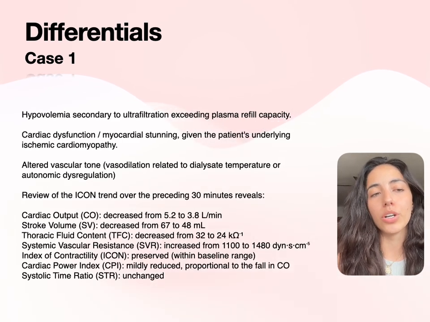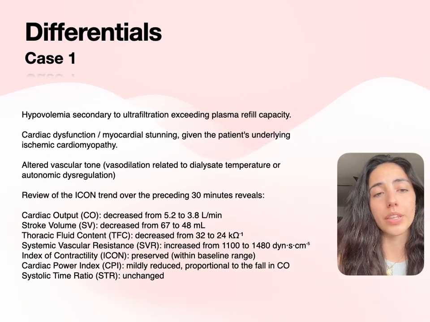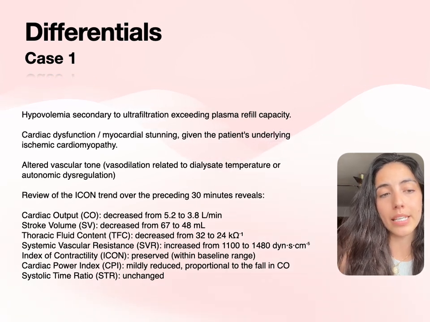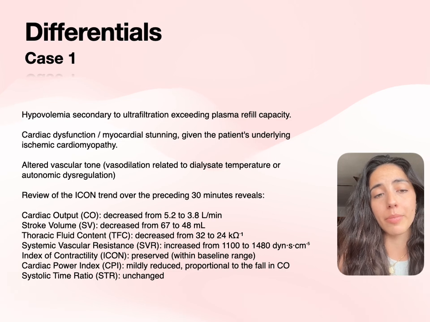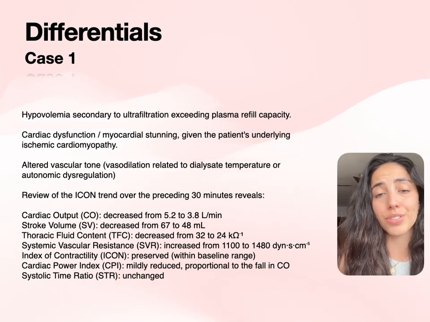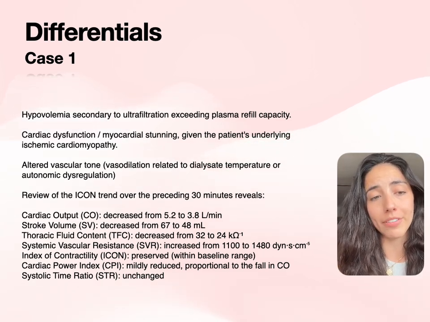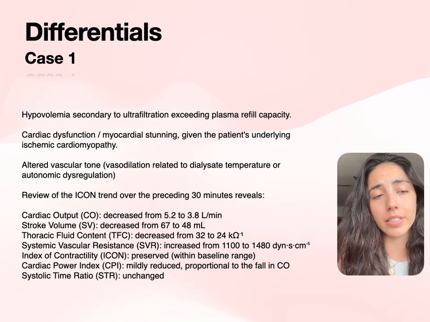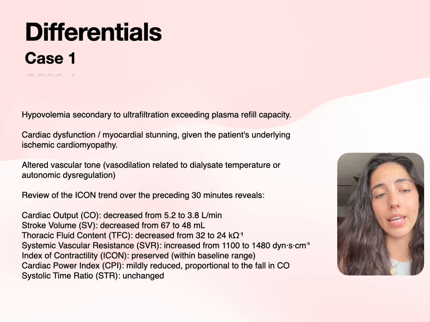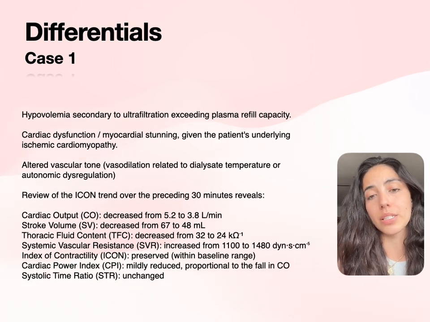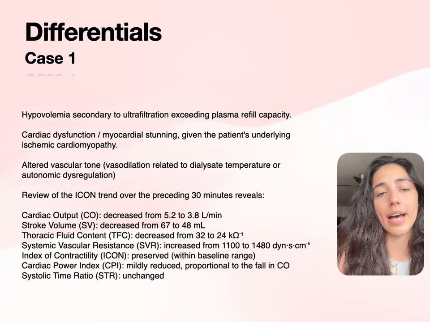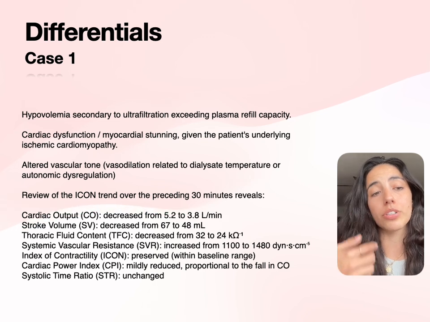We're going to probably go in this specific case with the first option because, as we can see, the cardiac output decreased from 5.2 to 3.8, so we know that the patient is not having enough volume, and we can see that this is likely not due to the contractility because the ICON index is preserved. It's within the baseline range as determined through electrocardiometry.